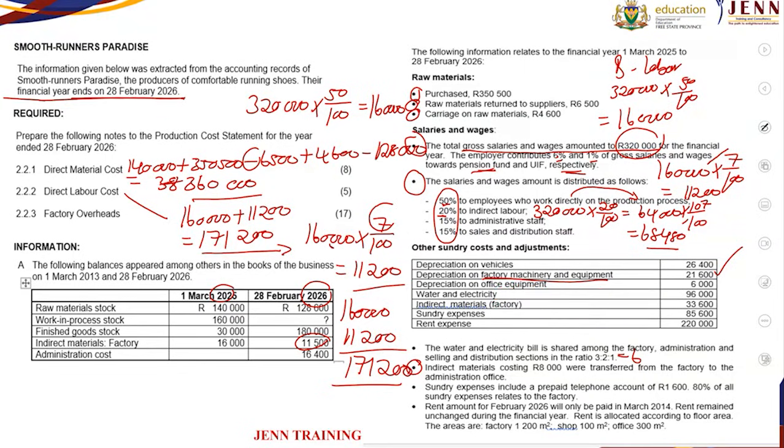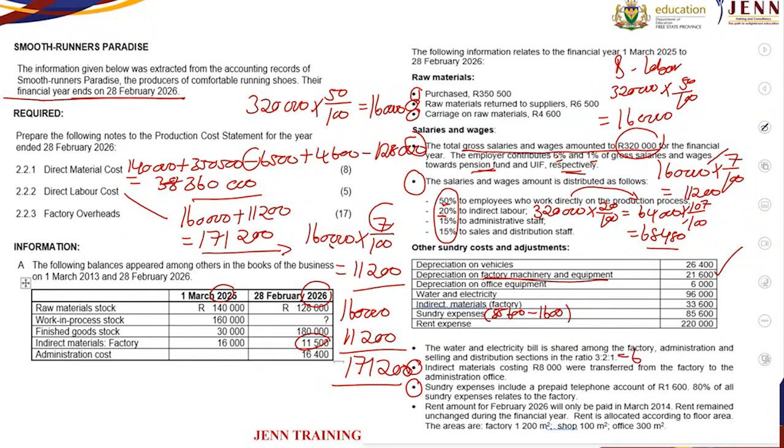Now, the next one is sundry expense. The sundry expense, what has been paid is 85,600. Now, let's look at our information, which is bullet number 3. It says sundry expense includes a prepaid telephone account of 1.6. So it means we need to subtract 1.6 first.